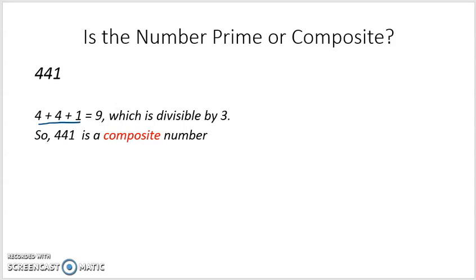What that says is that 3 is a factor of 441, or 3 divides 441. Since 3 is a factor of 441, 441 is a composite number.